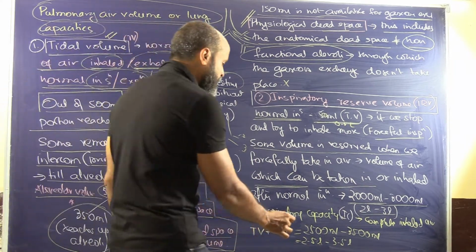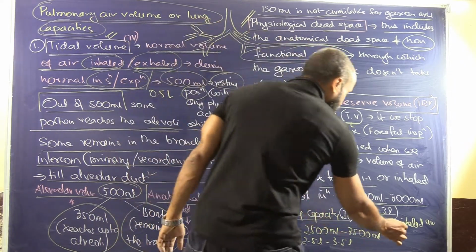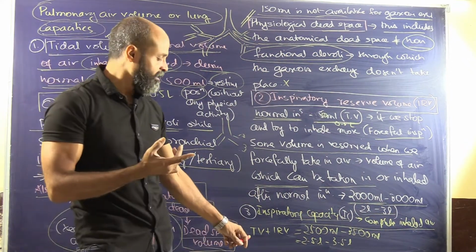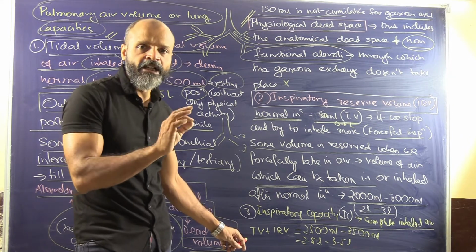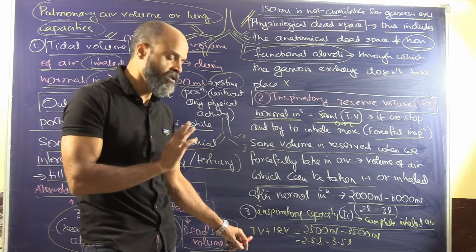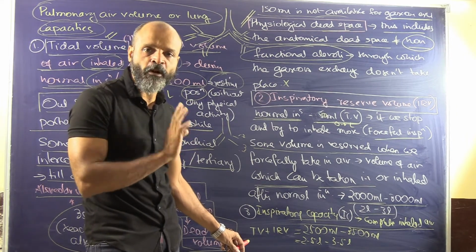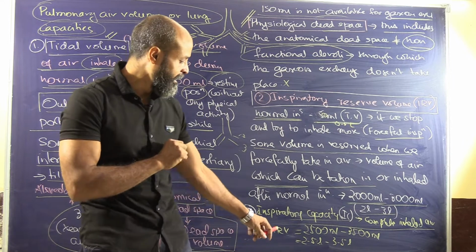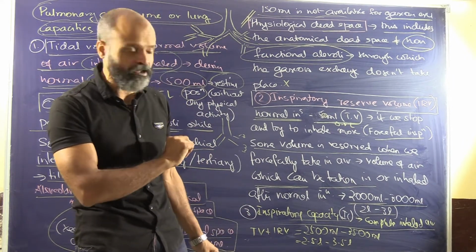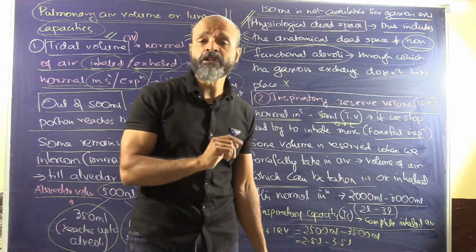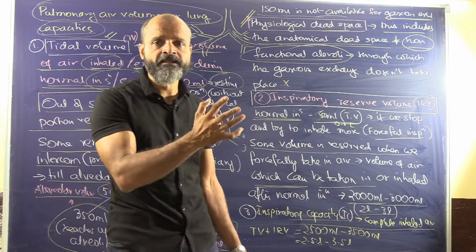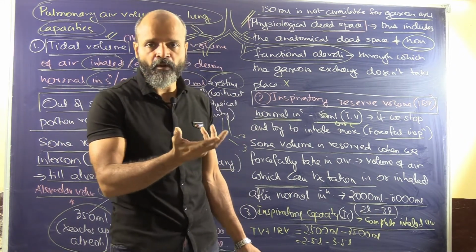Okay, so inspiratory capacity, what does it actually mean? The complete inhaled air. This will obviously include the volume of air coming in during tidal volume, that is normal respiration, no physical activity, nothing. So this is the tidal volume, approximately 0.5 liters or 500 milliliter, and the inspiratory reserve volume, which is approximately 2000 to 3000 milliliter, depending upon the structure of the lungs, the height, body and shape of the person.